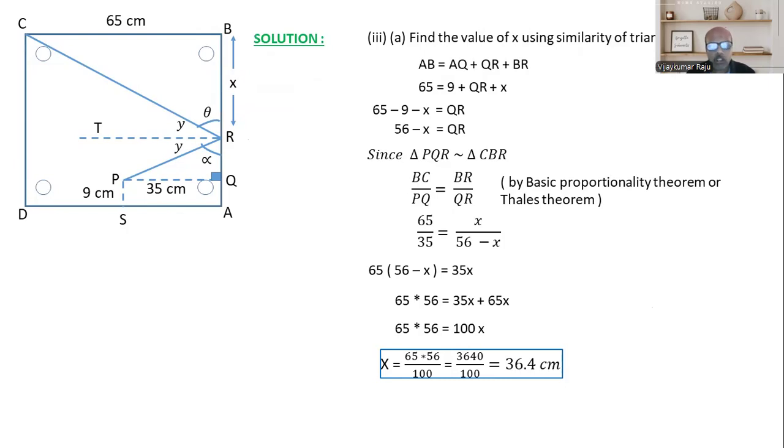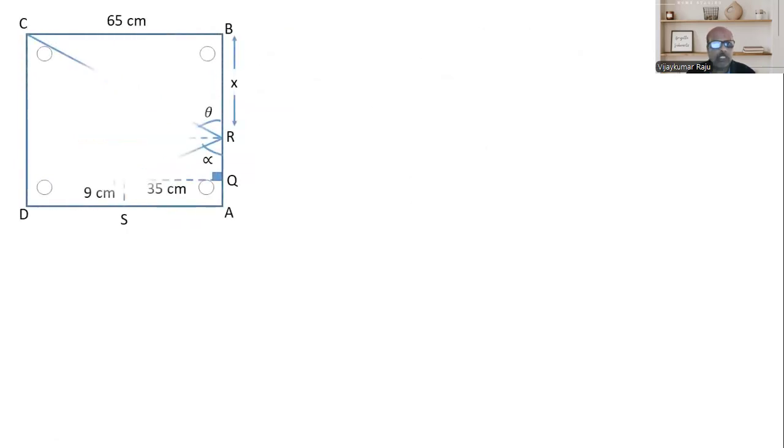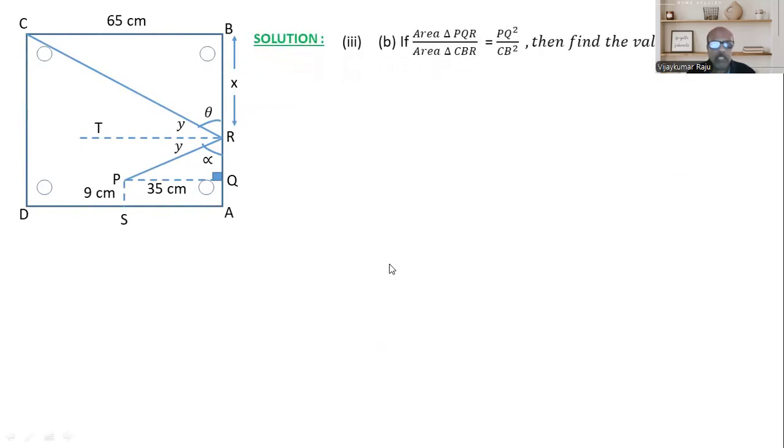Now this is the other part of the same bit, the third question's other part. Let us have the figure again. The ratio of the areas of the triangles is asked. So the area of triangle PQR is half into base into height.